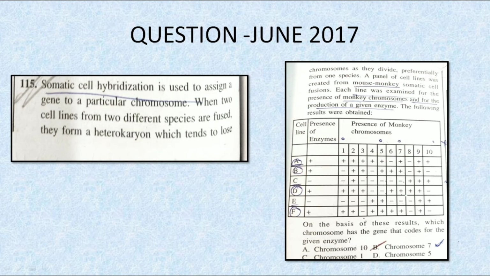In this question, all we need to follow is just 2 steps. Step number 1, analyze the presence and absence of the enzyme given in our model organism. Second, make sure you analyze only those chromosomes that have been given in the options, because it is a waste of time to analyze chromosome number 2, 3, 4, 6, 8 and 9, as they are not present in the options.